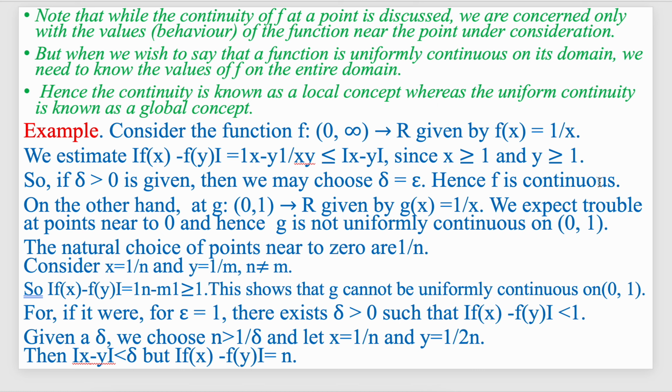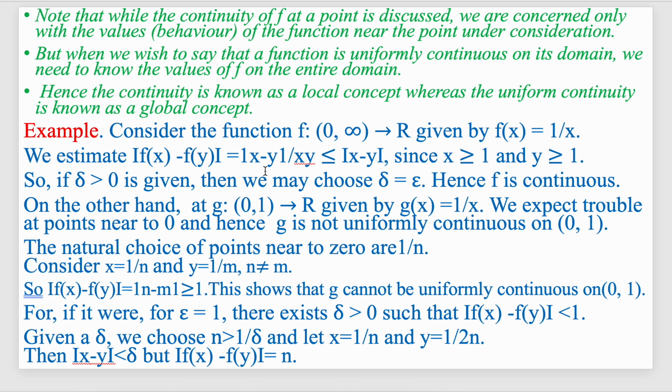Hence the function is uniformly continuous. But on the other hand, if we define a function g from 0 to 1 to R, here the domain was 1 to infinity, here we have taken 0 to 1, and the function is the same, g(x) equal to 1 upon x, we expect trouble at a point near 0.